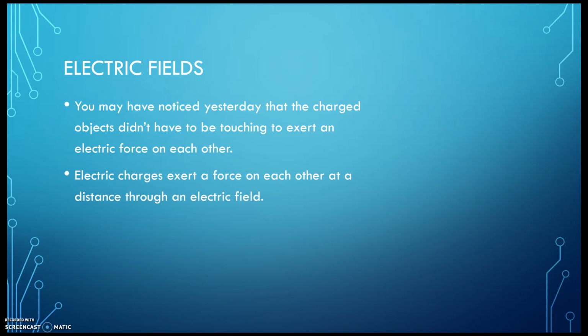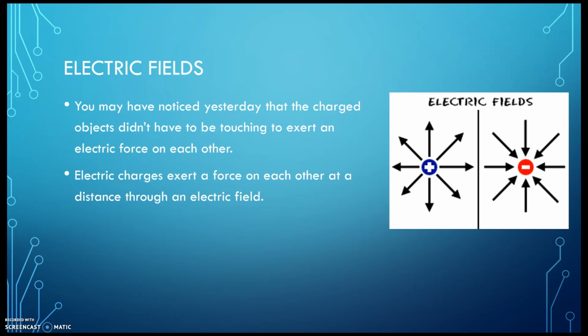That's because electric charges can exert a force on each other at a distance, and that's called an electric field. Positive charges have a field that goes out, negative charges have a field that comes in. As you get closer to a charged object, the electric field becomes stronger.